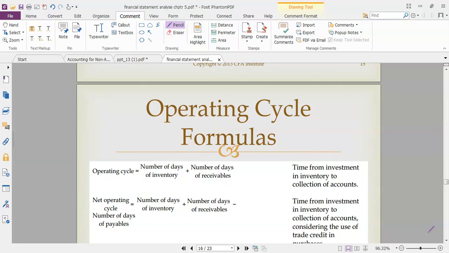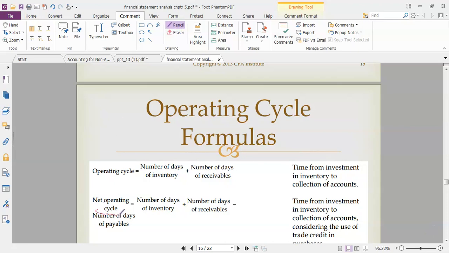Number of days payable is equal to number of days of inventory plus number of days of receivable. No, net operating cycle.